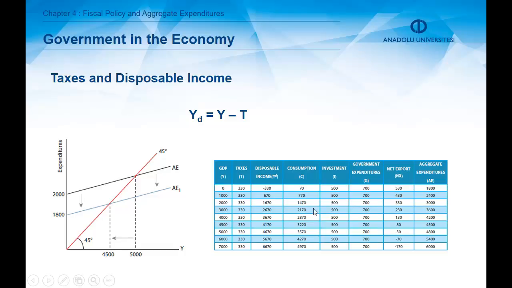So this table and the figure show this relationship. An increase in taxes basically means that the aggregate expenditure function shifts downward.